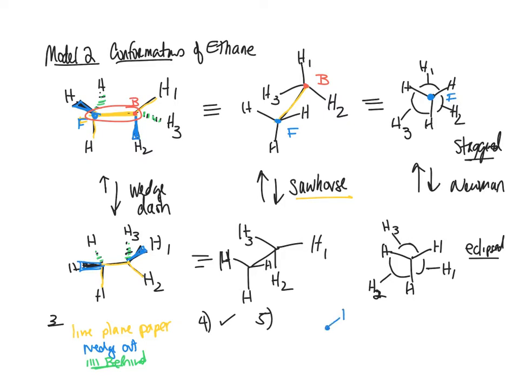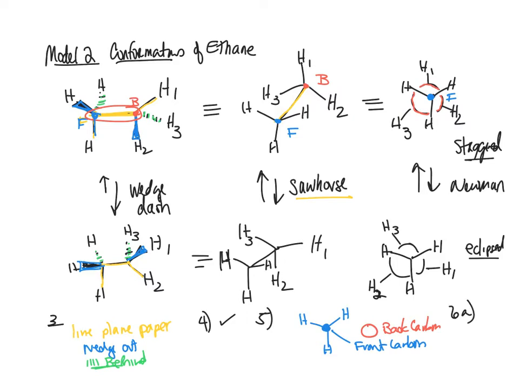And you have the 3 hydrogens coming off of that front carbon. How is the back represented? The back is represented by a circle. So this is your back carbon, okay? This here is your front carbon in the Newman projection.